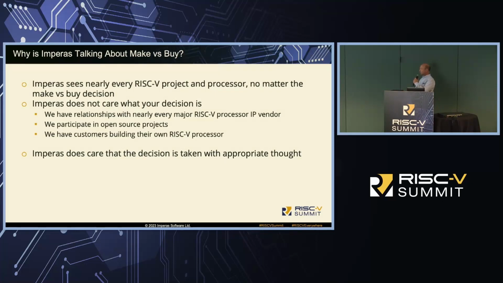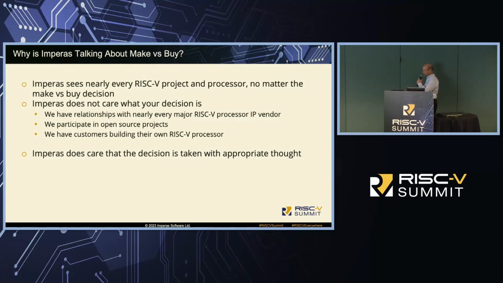We're going to see pretty much everything. We don't care what your decision is. We have relationships with nearly every major RISC-V processor vendor. We participate in the open source projects. We have customers that are building their own. So we don't really care. What we do care about is that when you make the decision, you do it with appropriate thought and care going into that decision.